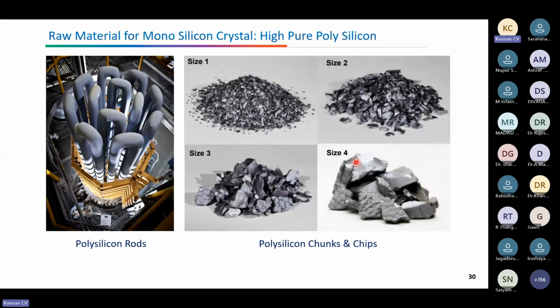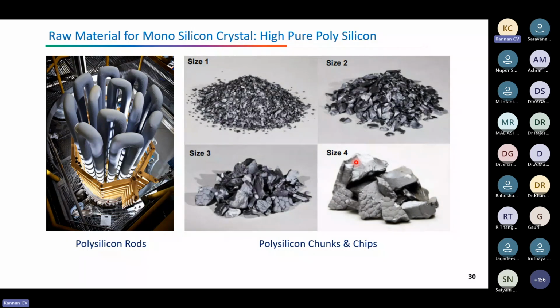A few years before, the purity of polysilicon required for silicon wafers was in the range of 6N to 7N. When I talk about N, 6N means 99.9999. Now, since wafer quality demands are higher, the polysilicon raw material quality has also increased. Now the polysilicon purity is close to 9N, 10N.